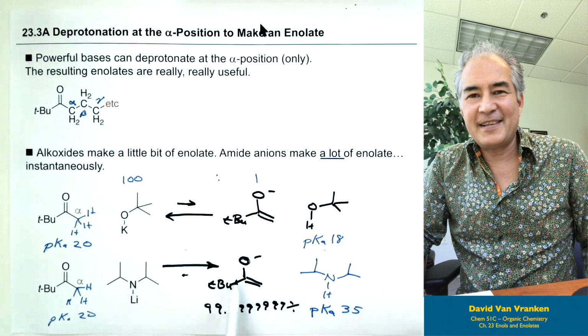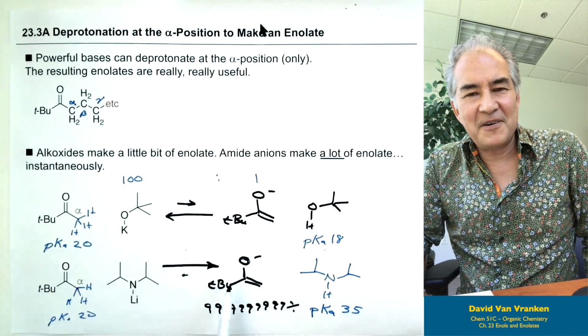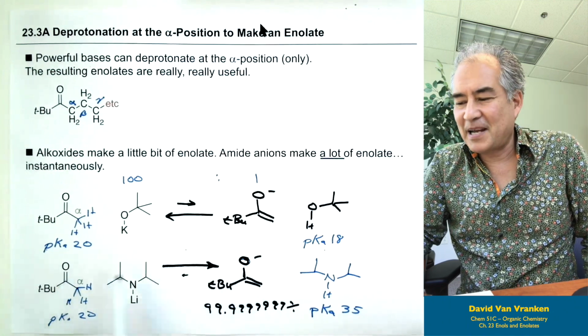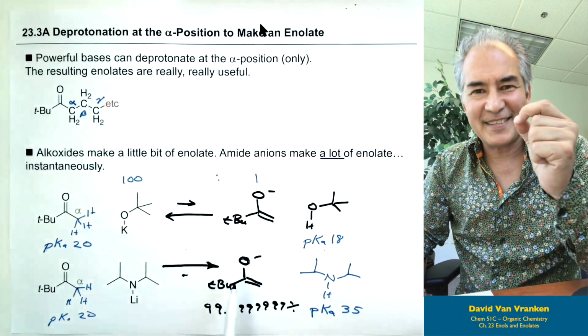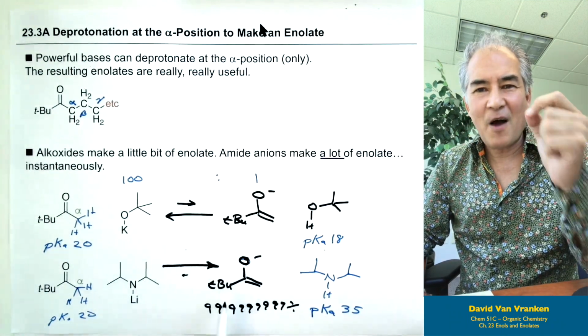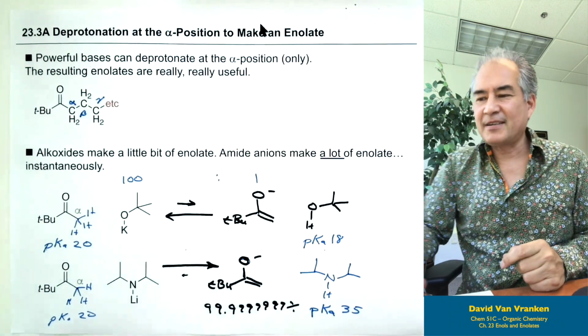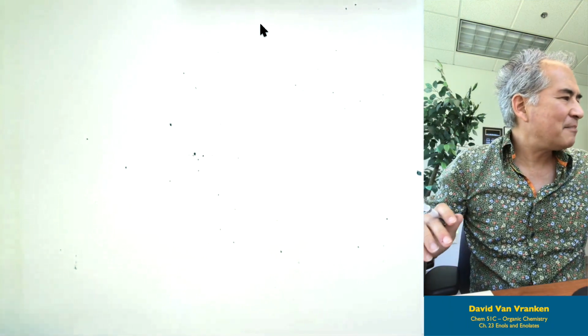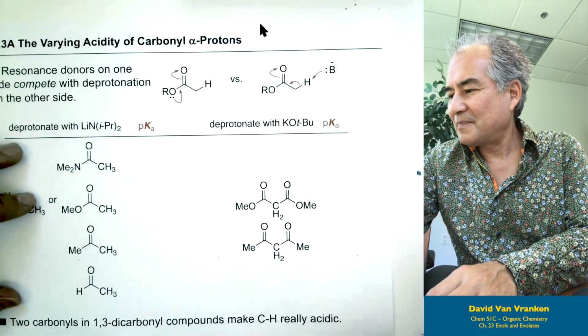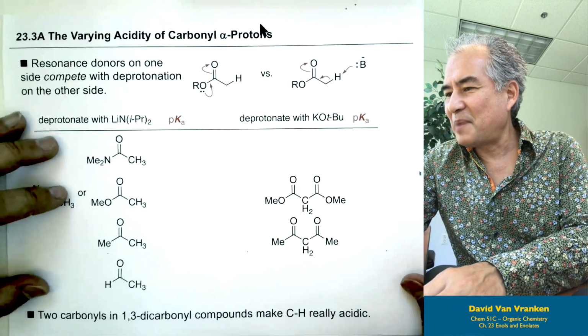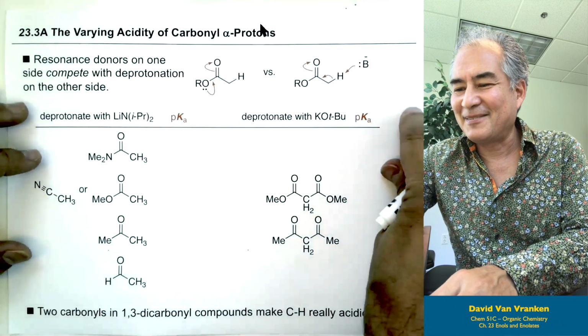If you want to completely convert your carbonyl compound to an enolate instantaneously, in quantitative yield, you use LDA. Don't use t-butoxide. That's only for people who can't remember any new reagents since the first quarter of our organic chemistry sequence. But there's a new base in town, and that base is LDA.